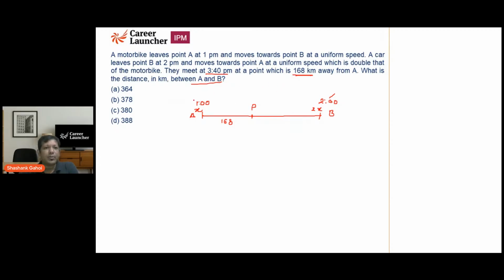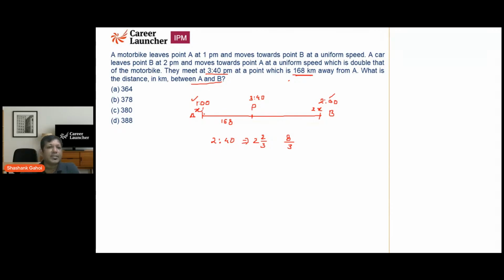This motorbike starts at 1 and reaches point P at 3:40. So it is traveling for 2 hours 40 minutes, right? 2 hours 40 minutes, or I can say 2 and 2 by 3 hours, or I can say 8 by 3 hours. So the motorbike is traveling for 8 by 3 hours, right?